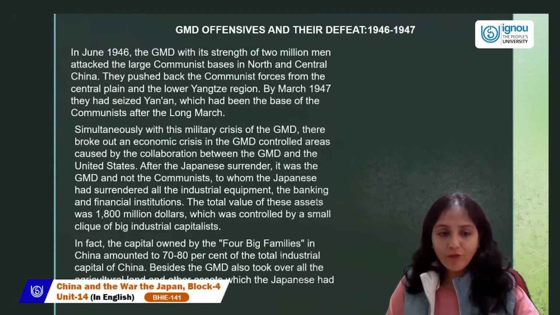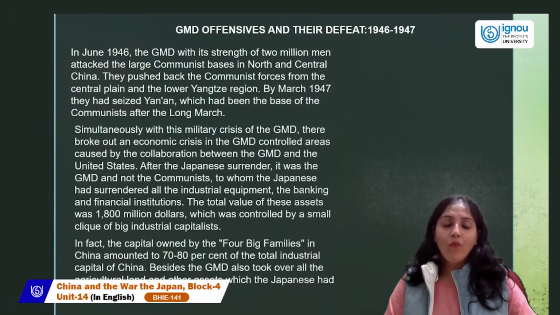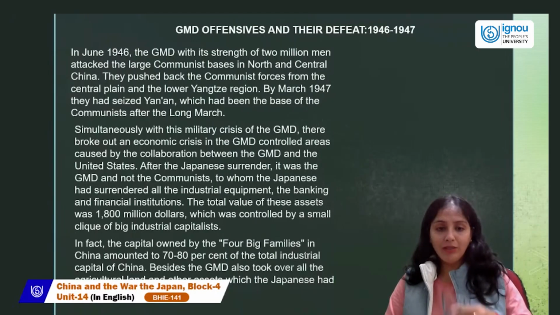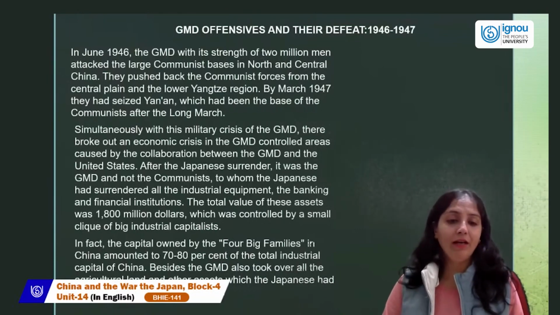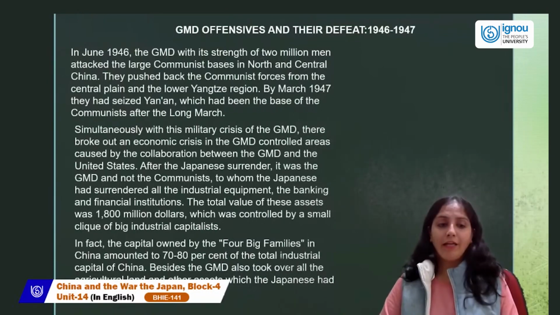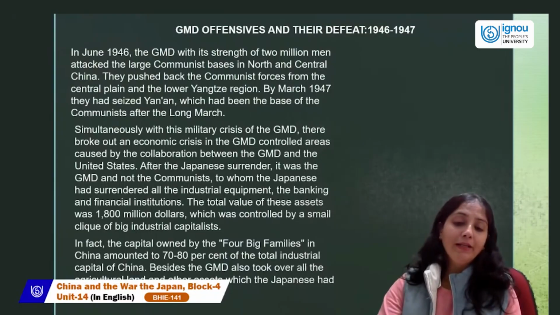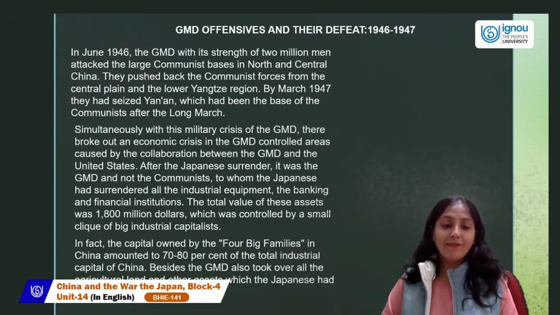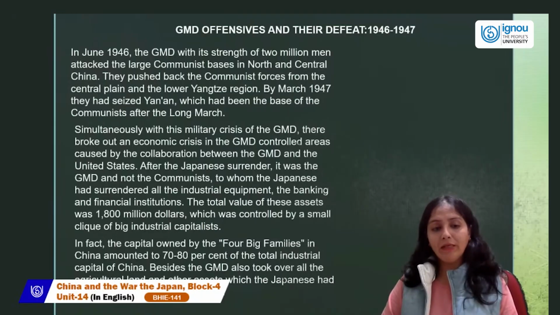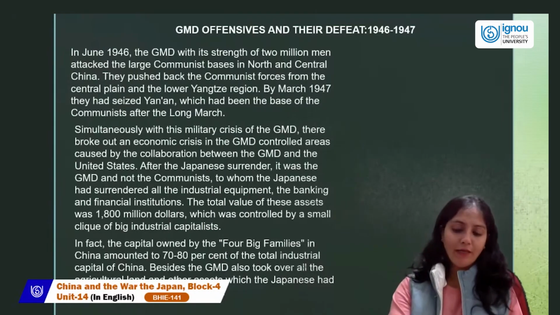The total value of these assets was $1,800 million, which was controlled by a small clique of big industrial capitalists. In fact, the capital owned by the four big families in China amounted to 70 to 80% of total industrial capital of China.